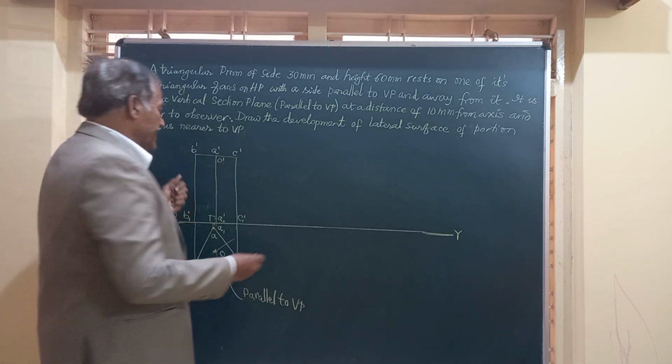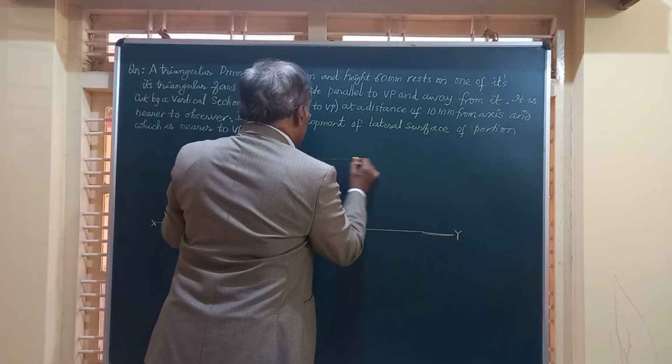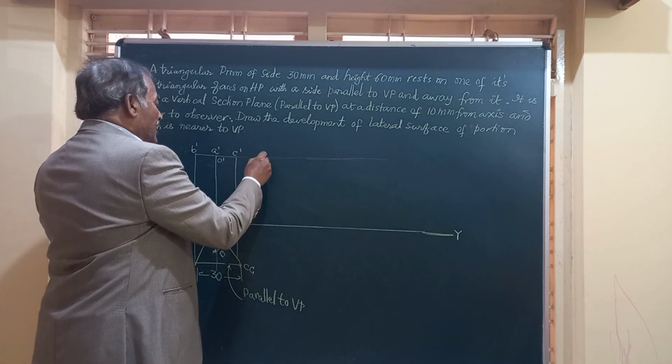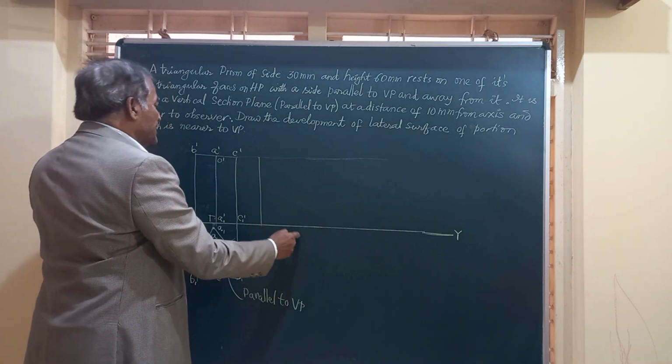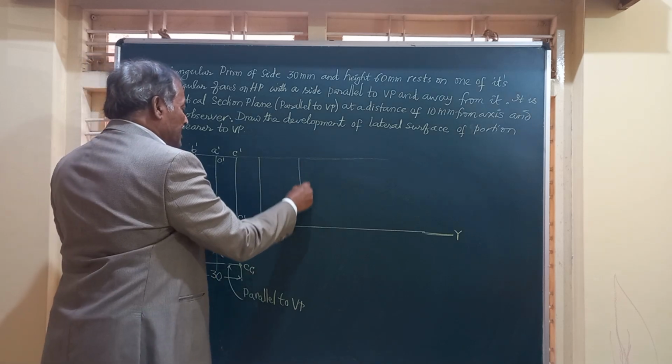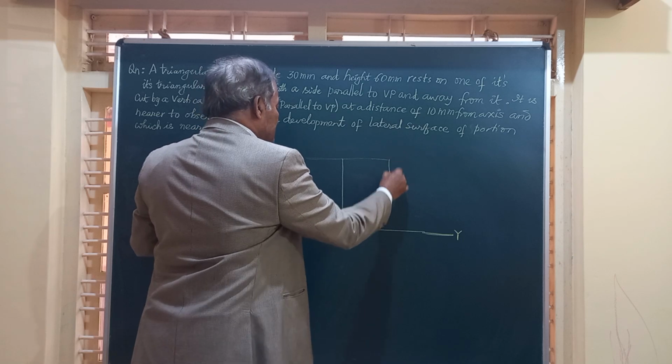Friends, now let us draw adjacent to this figure the development, which will have three rectangles, each measuring 30 by 60. So this is rectangle 1, rectangle 2, and this is rectangle 3.